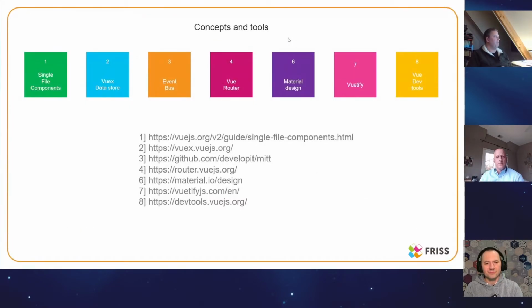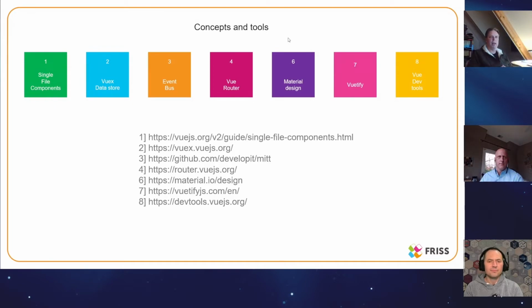So these are a bunch of concepts. I know this is a lot for people who have not been working on this, so it's probably impossible to follow, but we hope this presentation helps you. The concepts that we've used are the single file component, to build things similar to a module in Shiny. The Vuex store, which is sort of a handler.